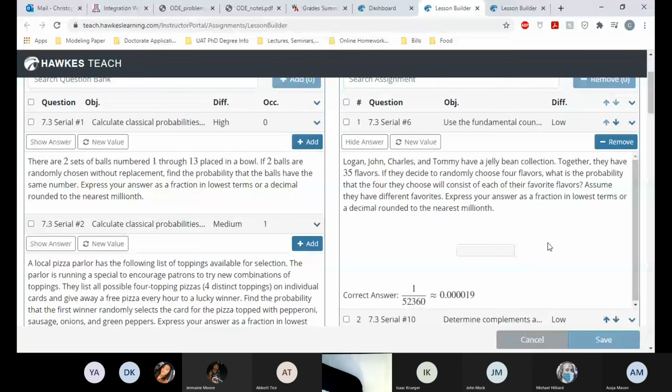Together they have 35 flavors. If they decide to randomly choose 4, so we're picking 4 from a group of 35, what is the probability that the 4 they will choose will consist of their favorite flavors? We must assume that their favorites are different. Okay, so how do we do this one?